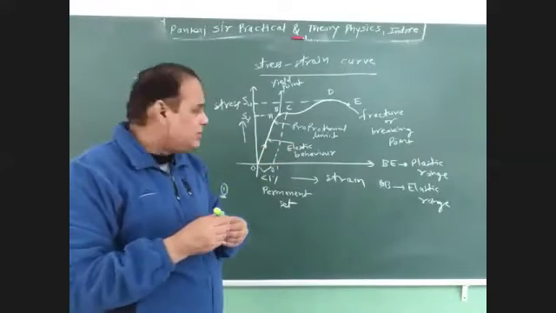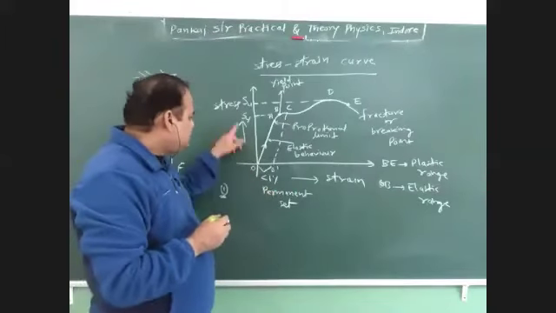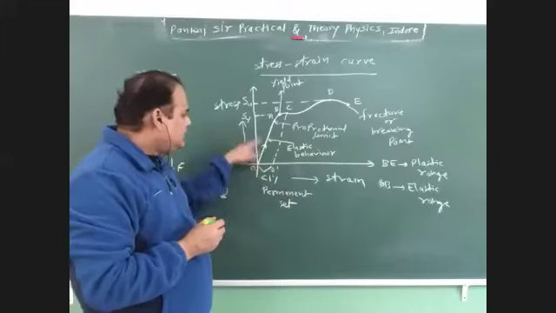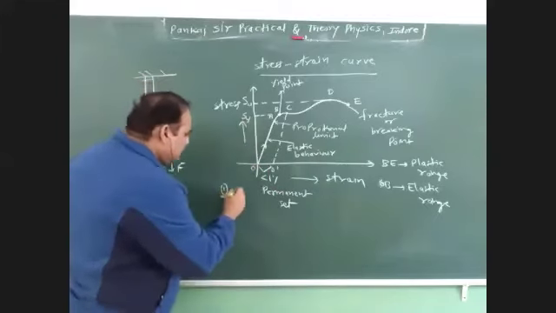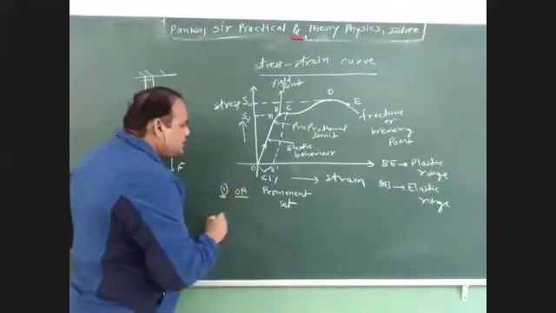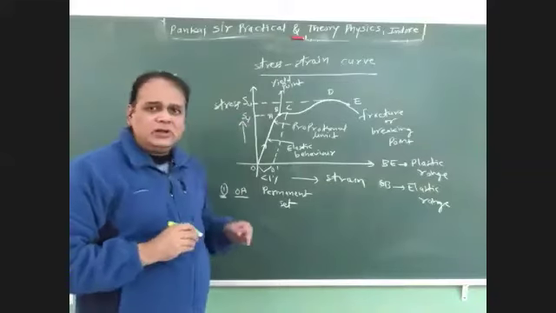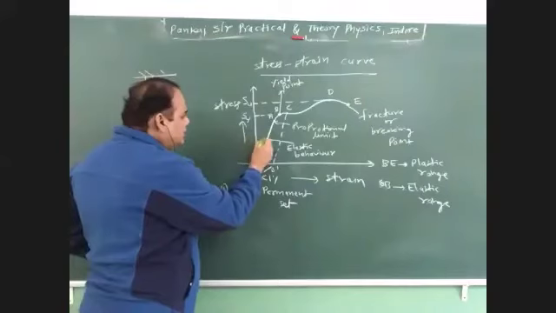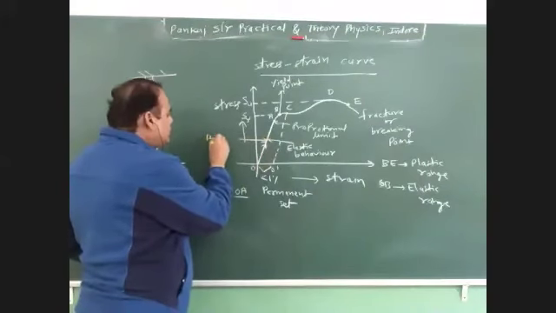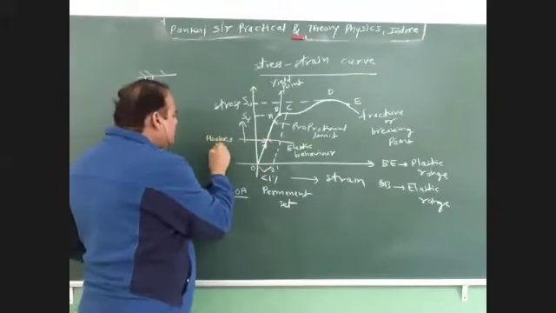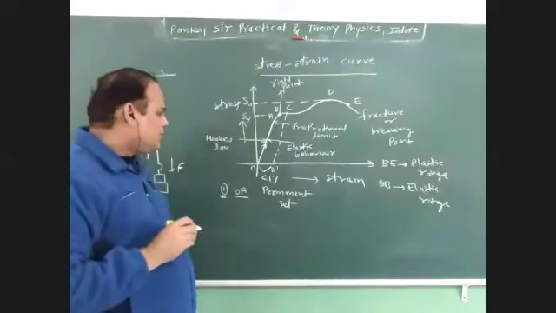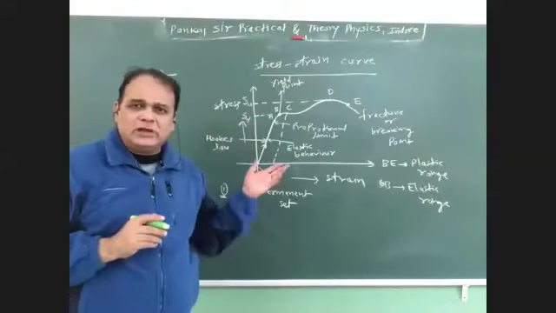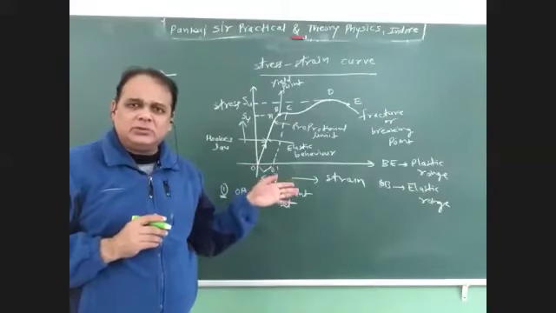When stress increases, then strain also increases, and from O to A, the graph is a straight line. So here it obeys Hooke's law. The wire from O to A obeys Hooke's law, that is, stress is directly proportional to strain.